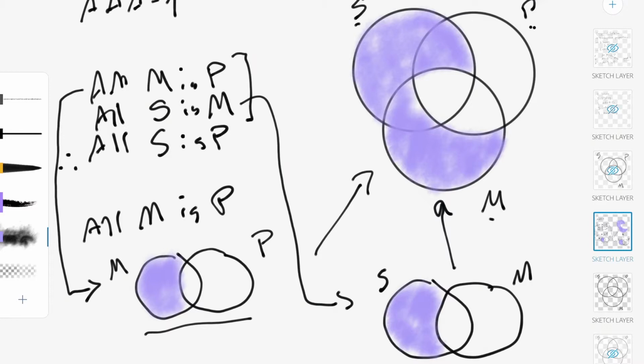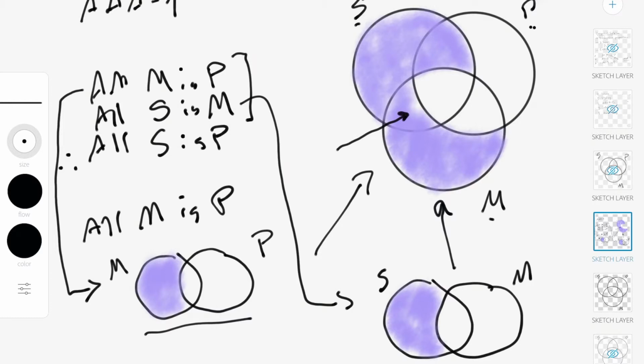Now notice this region of S that's overlapping with M right here, this region, that's already been shaded. So that has nothing to do, though, with the relationship between S and M, because that shading came from the relationship between M and P, right?